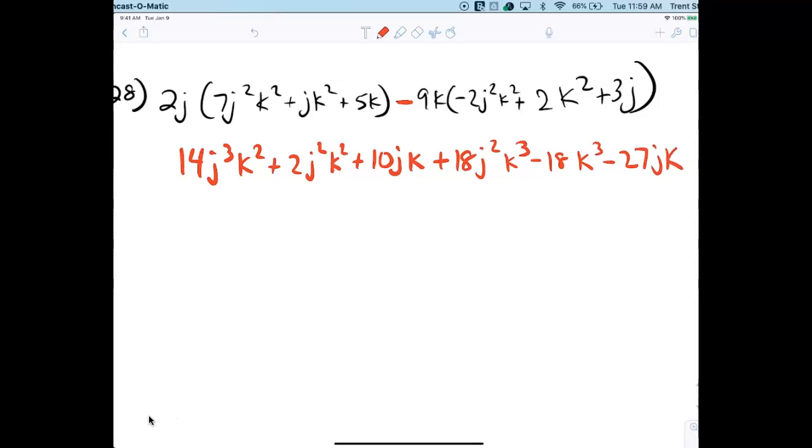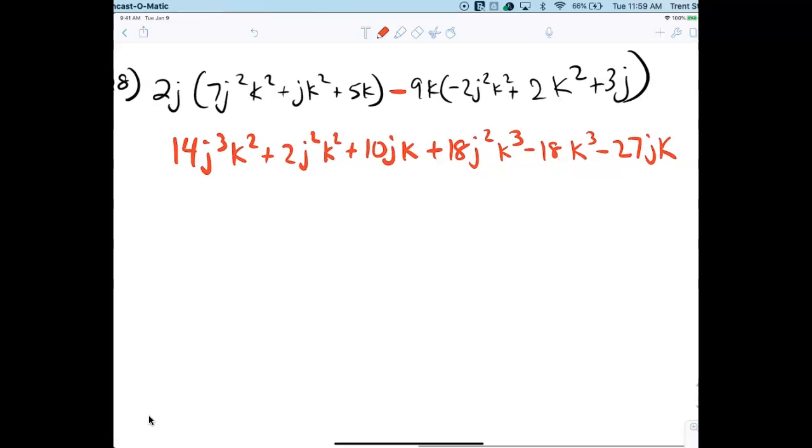Okay. Now, we got to find out if there's anything with j cubed k squared. Is there another one of those? I don't see one. Do you? Are any of them the same? Yeah, there's a jk, right?